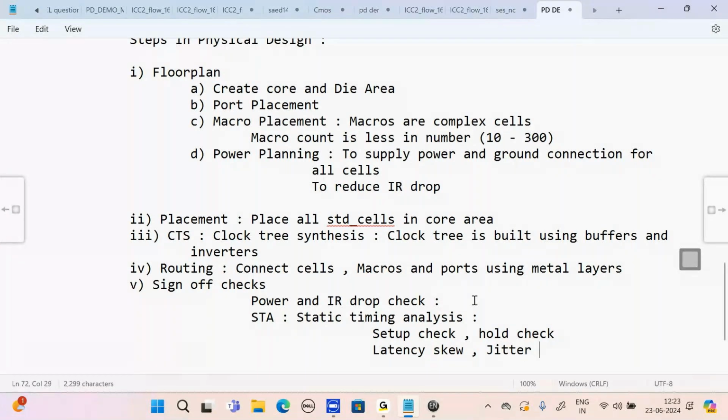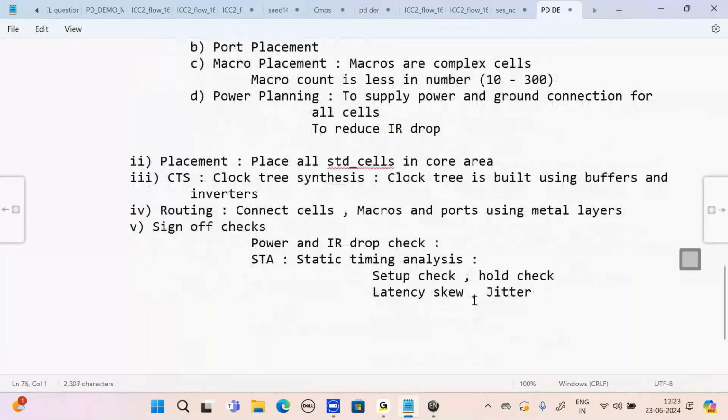Next we will cover in-to-reg and reg-to-out, and I can tell STA on different paths.